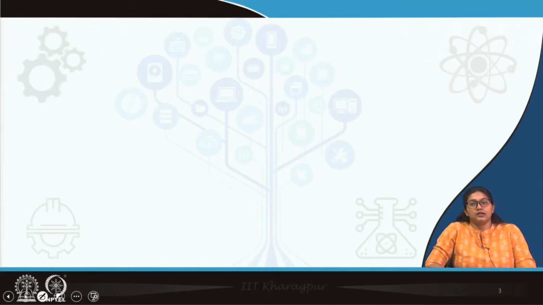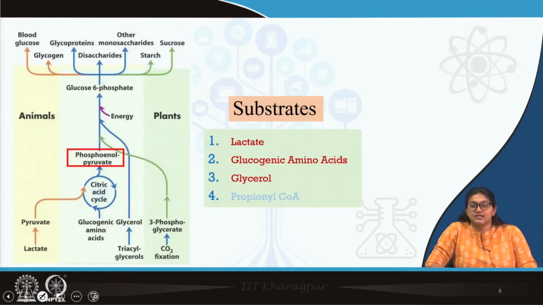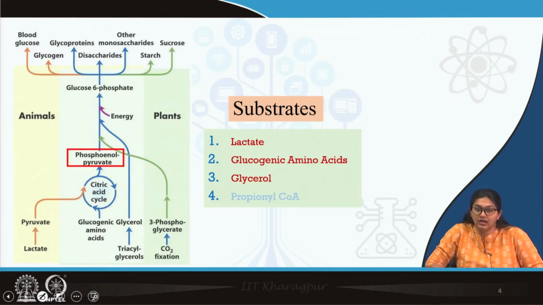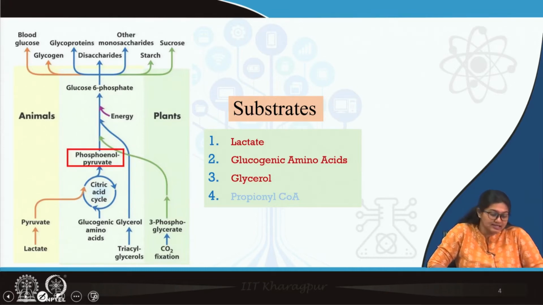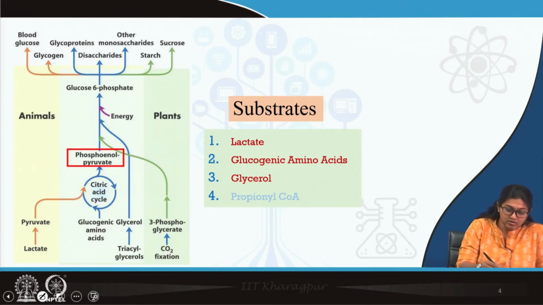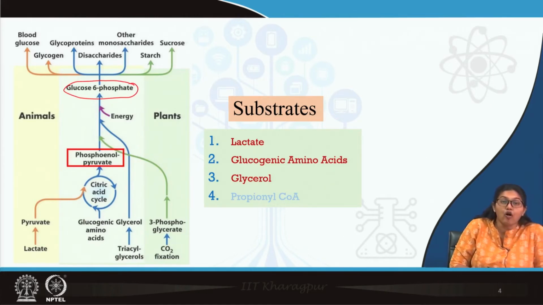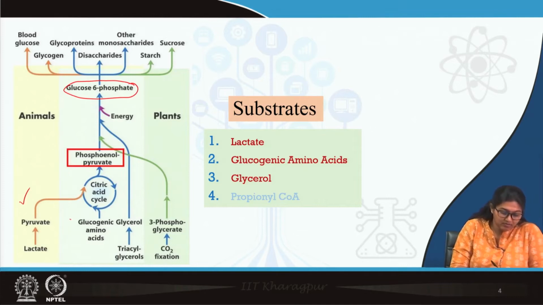Now, neoglucogenesis is basically formation of new sugar. The term represents new sugar or new glucose. Now, what happens, as you can see in this picture, is that glucose 6 phosphate can be formed from different molecules.